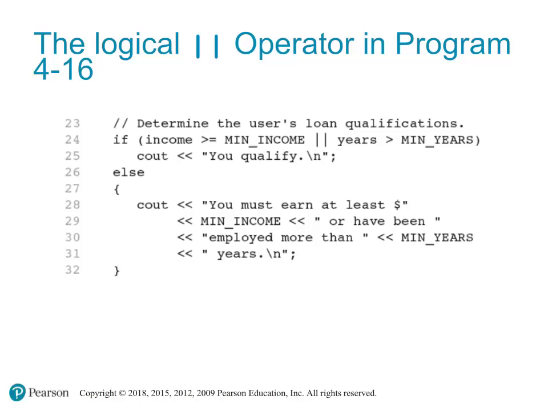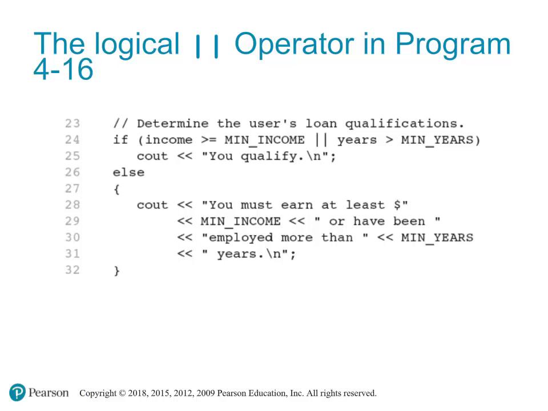This section is from program 416. It shows how to use the logical OR operator to determine a user's loan qualification based on either minimum income or years of employment. The program uses two variables, income and years, along with two constants, mean income and mean years, to evaluate the loan qualification.